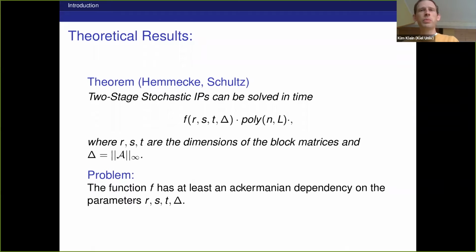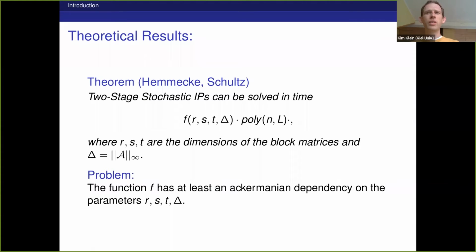And the problem so far was that they use existential or finiteness results from commutative algebra to show just the existence of such a function. But actually no upper bound is known, so we don't know the exact dependency of the running time on the parameters.